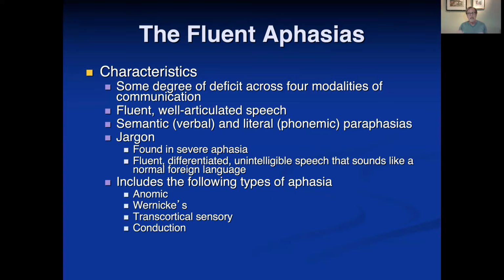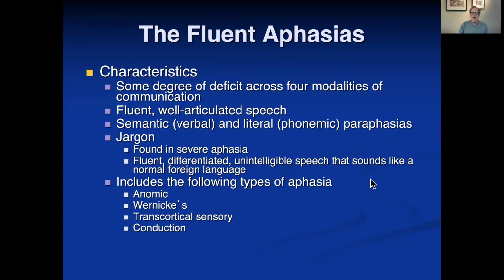See, I'm doing it fluently, but it's undifferentiated. I only have one syllable and I have a melodic line. What do you think about this? "D-D-D-D-D-D." That's undifferentiated jargon. That's not what we're talking about. That's not referred to as jargon. That's undifferentiated speech. But the true meaning of the word jargon is fluent, differentiated, unintelligible speech that sounds like a normal foreign language.